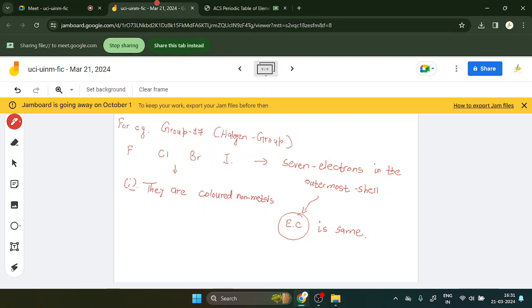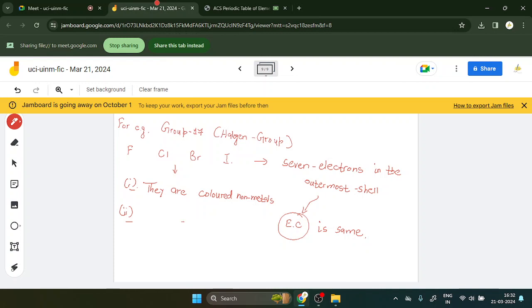Yes or no? Now another property which you can guess: because they have 7 electrons in their outermost shell, they will form negative ions, right? Because they will try to attract an electron. That is the reason they will form negative ions carrying a single charge.